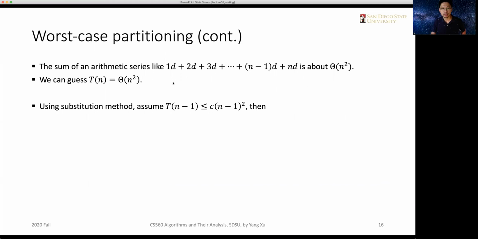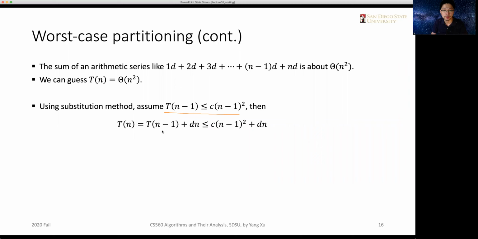So basically we will prove the upper bound first, okay? We use the substitution method, and we assume that the quadratic upper bound applies to a smaller case, which is T(n-1). So we assume that this is correct, and we substitute it into the original recurrence.